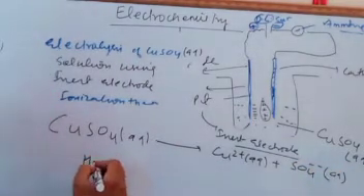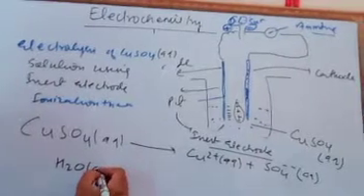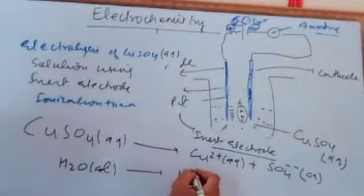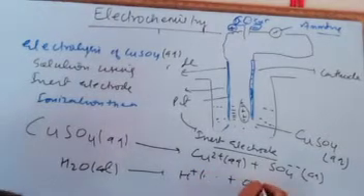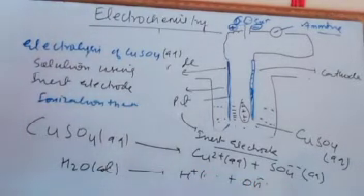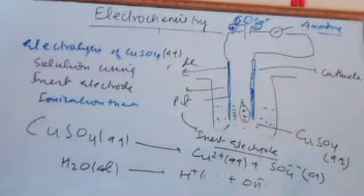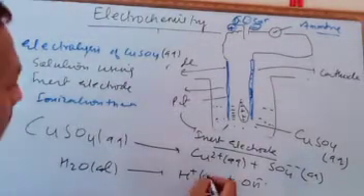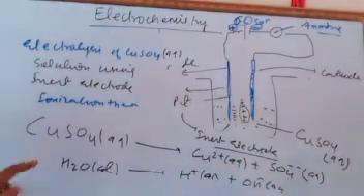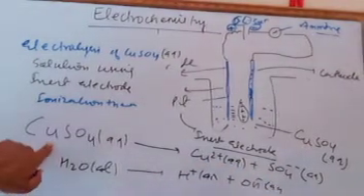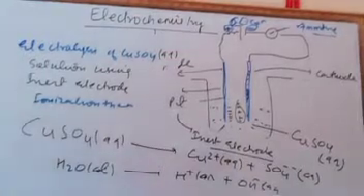And water, H2O, is liquid: hydrogen ion plus OH ion. Hydrogen ion and OH ion are aqueous. So this is a case. So the ionization of copper sulfate aqueous solution, right?